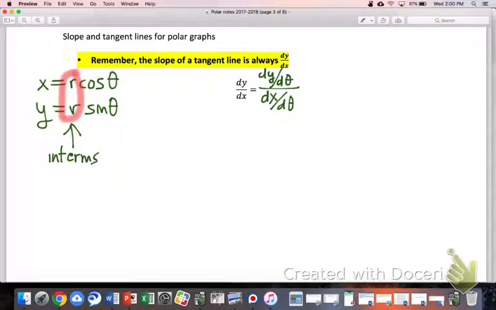If I was going to find dy d theta, isn't y a product? Looking at this, do you see how y is the product of r times sine theta?